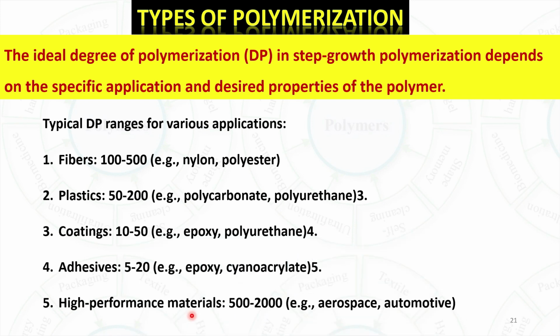Here you need to carry out the reaction to a very high extent, like 99.9%, 99.8%. Only then you will get polymers which would be usable polymers. Okay, I hope this is quite clear to you.